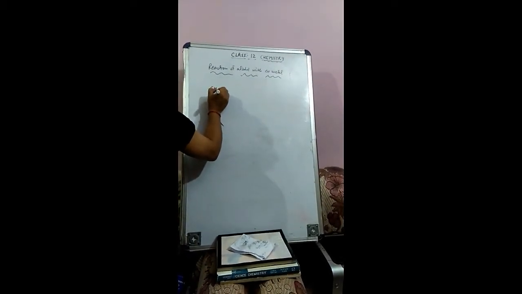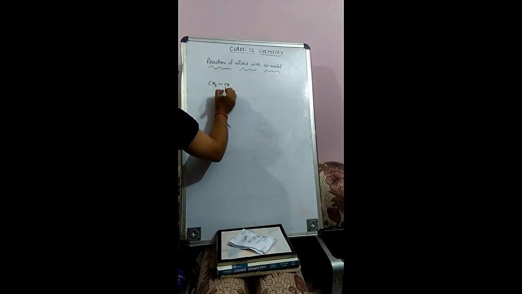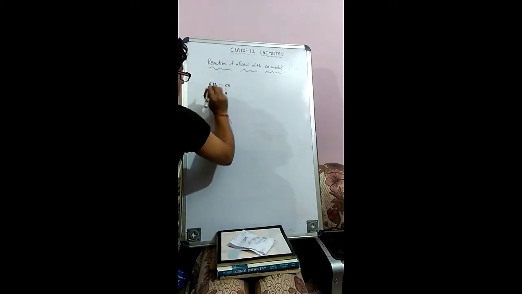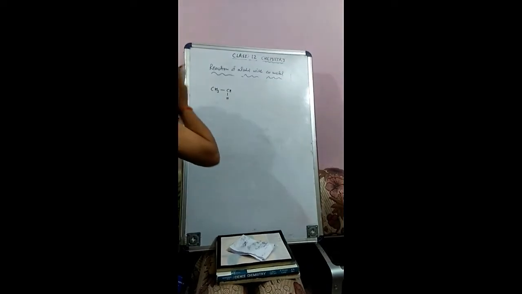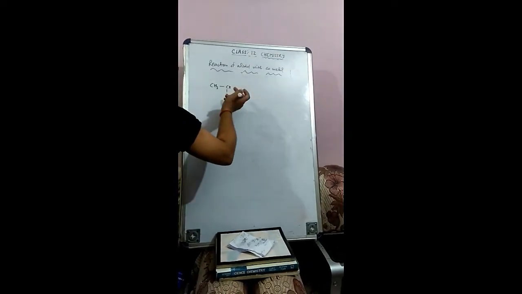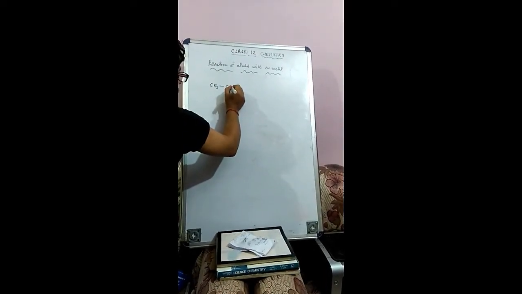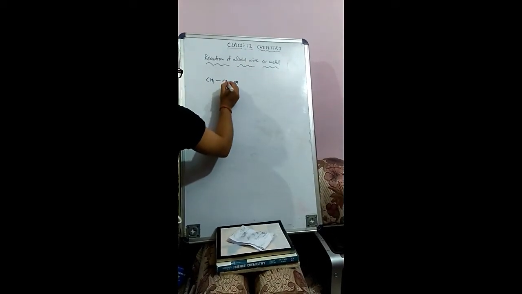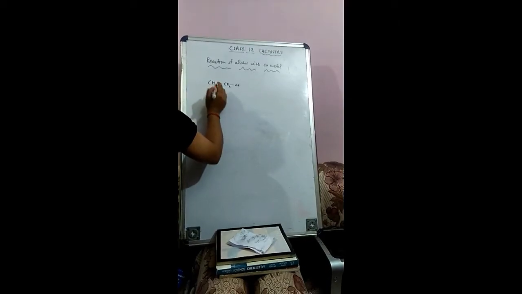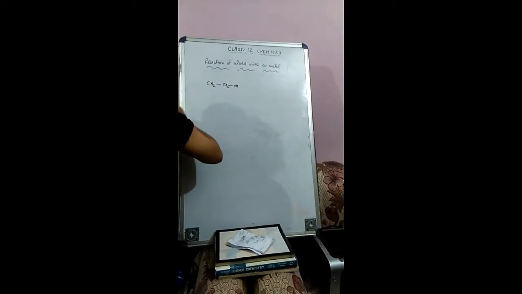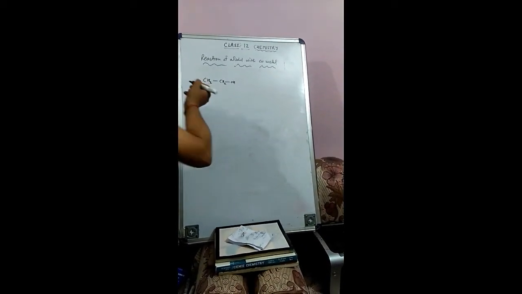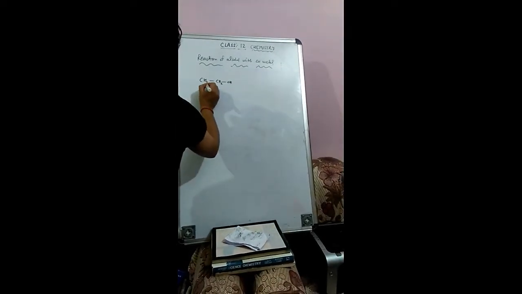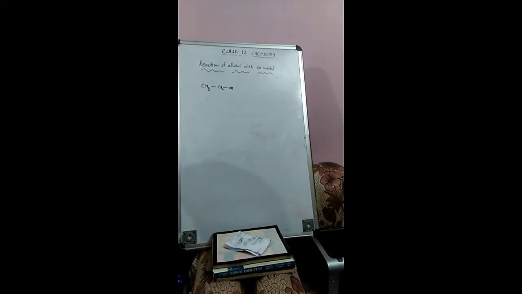Suppose this is CH3 single bond CH2, and this is the OH, or you can write it in the other way, it's your wish in which way you want to write. This is ethyl alcohol.